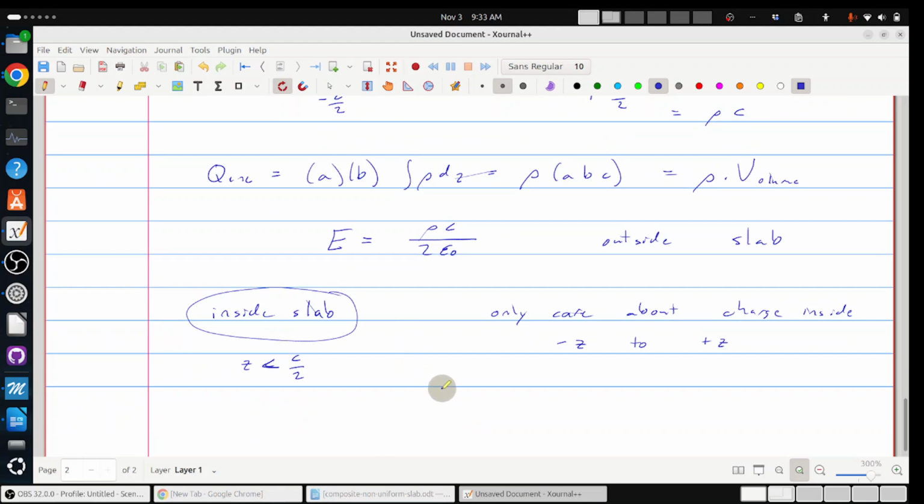And so my integral is going to go from minus z to plus z rho dz, which again is going to be rho z evaluated from plus z to minus z. And so that's rho plus z minus negative z.